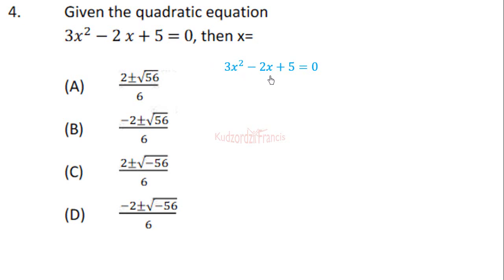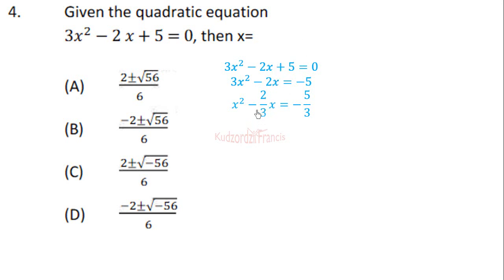You can use the almighty formula also. So we subtract 5 from both sides, divide through by 3 to make the coefficient 1. Then the next thing we do is to add half the square of this to both sides.